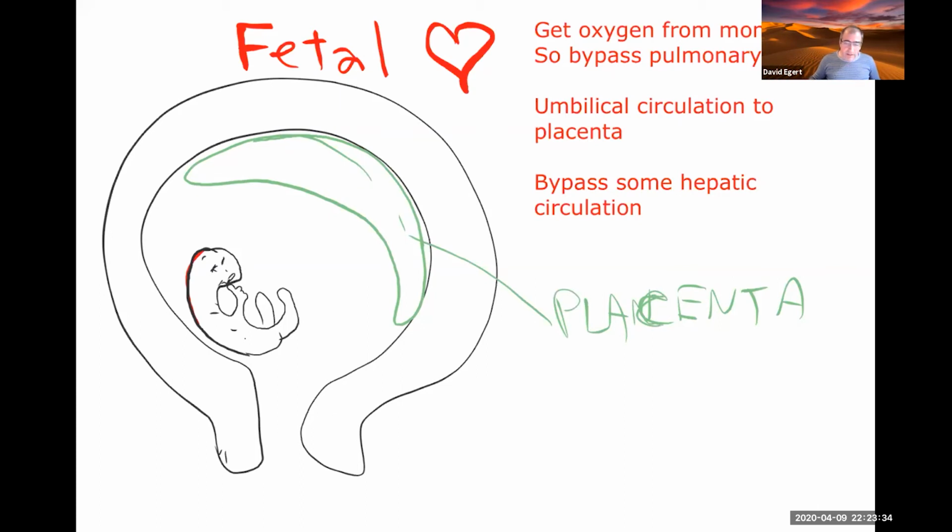And the placenta is a place where the fetal blood, so the fetus has these two umbilical arteries that go out.